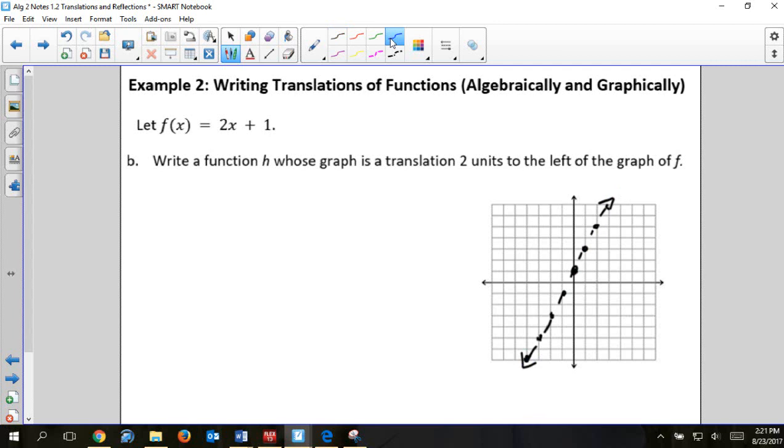And this one is a translation 2 units to the left. So every dot that you graphed, if you just take them and go 2 units left, you should have your new line. Just go 2 units left.